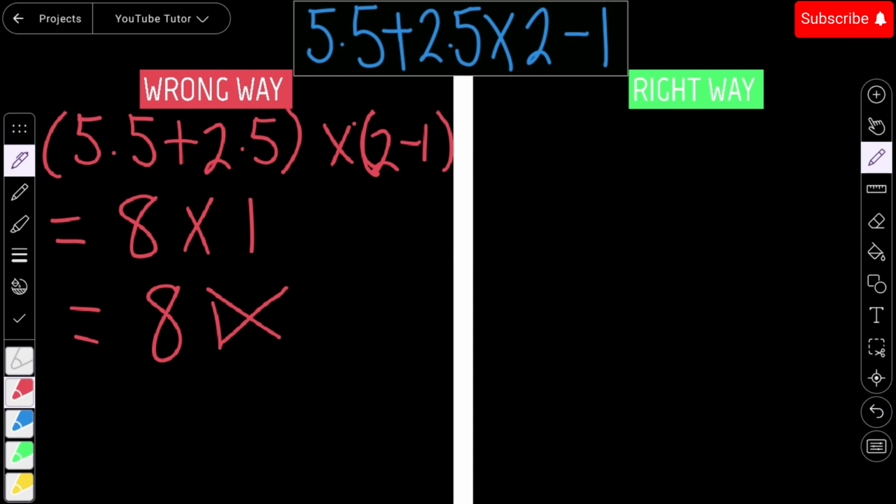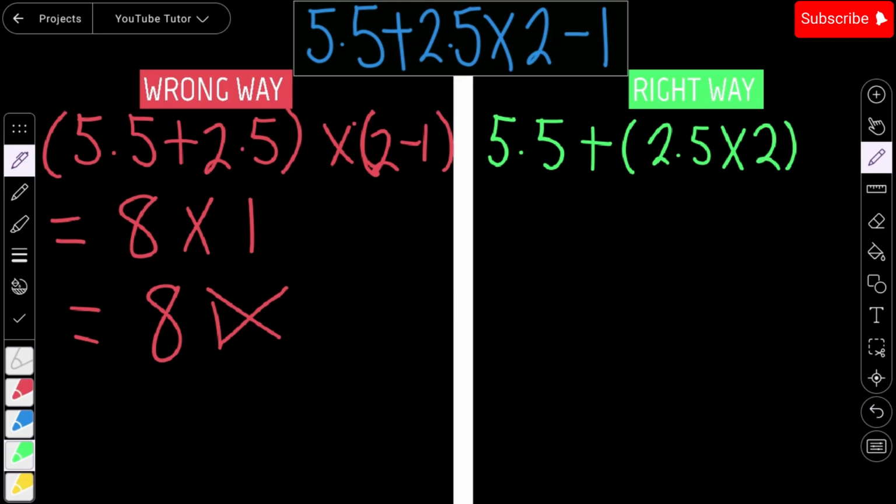Let me show you the right way to do this question to get a correct answer. You do 5.5 first. Now you do add. You add it to 2.5 times 2, which has been grouped in parentheses.